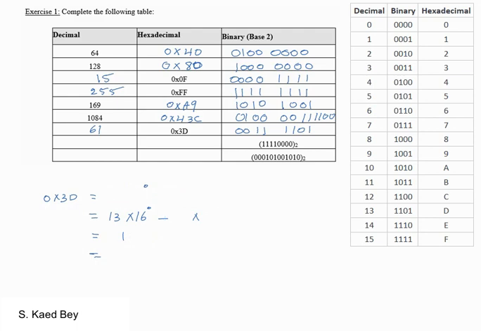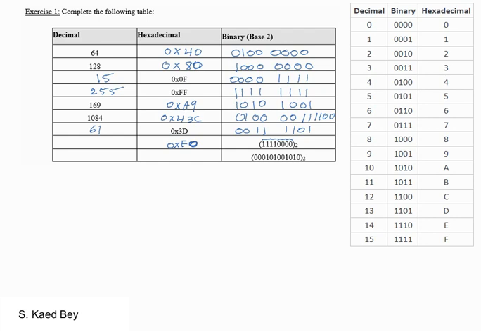Now we have a binary number, and we need to convert this back to hexadecimal and decimal number. If you divide this into 4 bits each, you will find that the first 4 zeros are equivalent to a 0, and the 4 ones equivalent to a letter F. This is the hexadecimal equivalent.